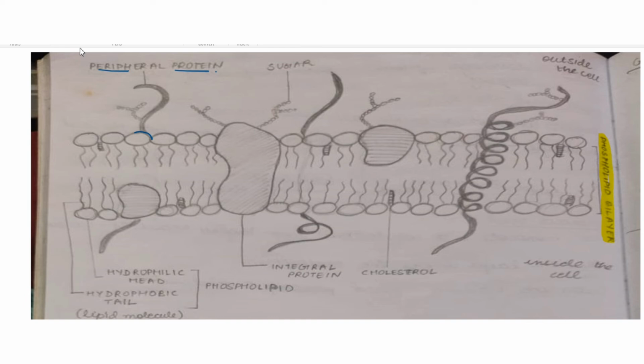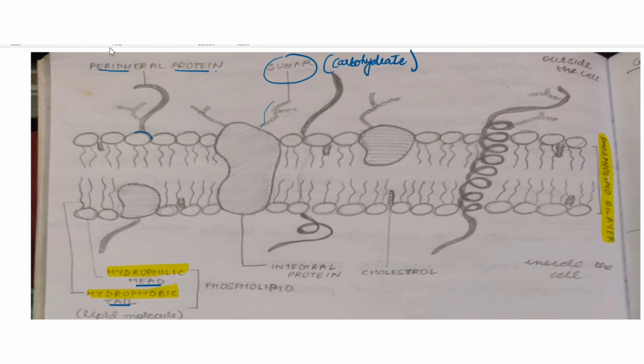So we can say the plasma membrane is composed of carbohydrates also, and this was revealed by biochemical investigations. Here we see the hydrophilic head and hydrophobic tail. The hydrophobic tail is protected from the aqueous environment.